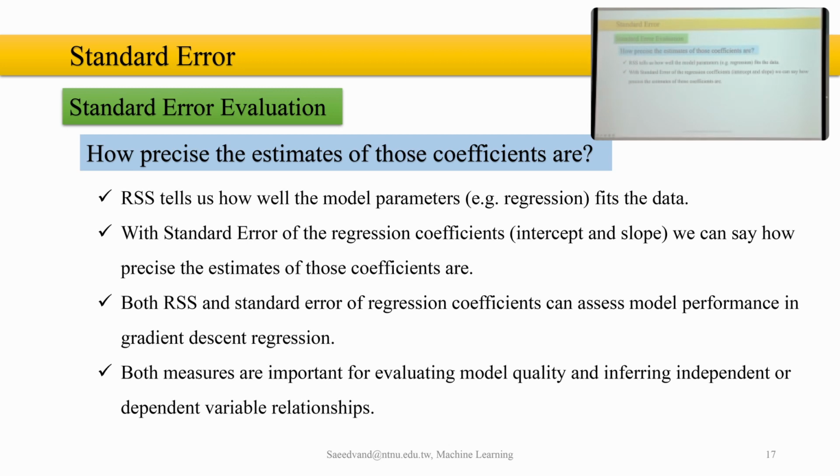But with the standard error of the regression coefficients, intercept and slope, we can say how precise the estimation of those coefficients are. It's like one level deeper than the RSS. Not only say how good a fit the data are, but also evaluate the intercept and the slope directly.